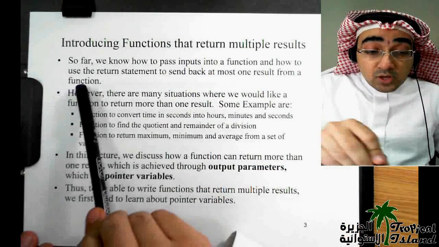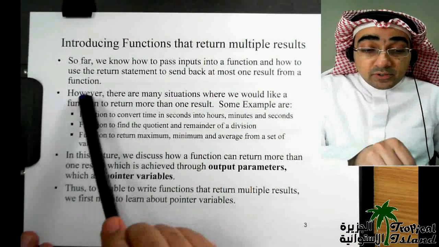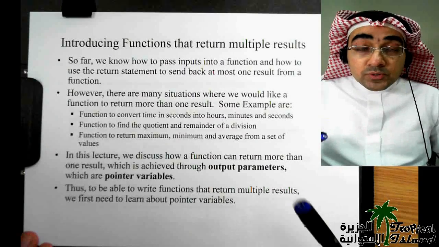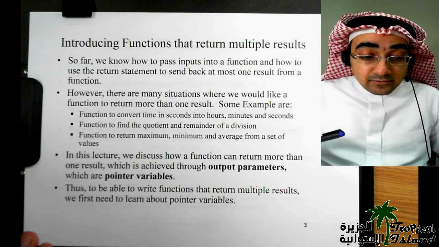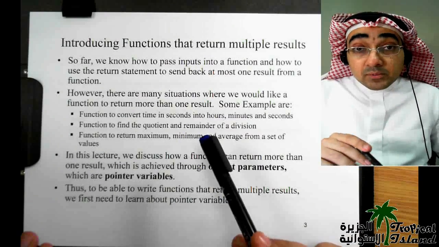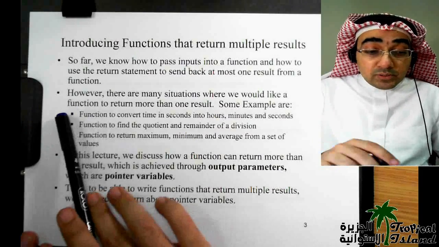So your return statement can return at most a single value. If you want to return more than one value, then you have a problem. You cannot use return. You have to use some other method, which we will talk about in a brief moment.